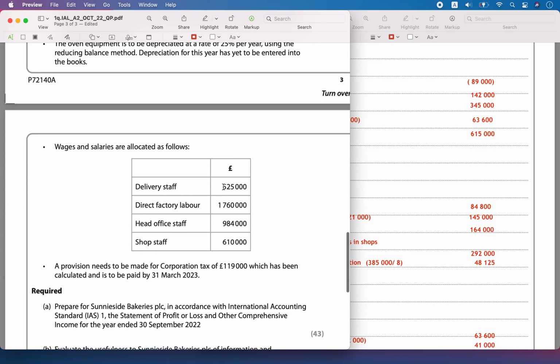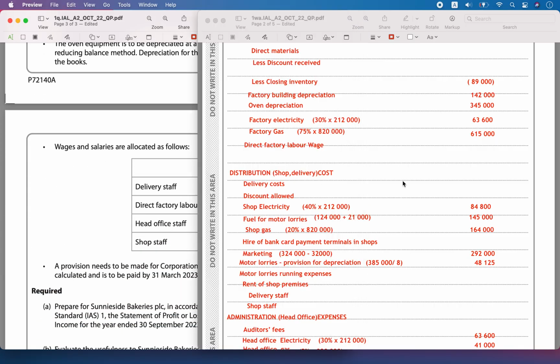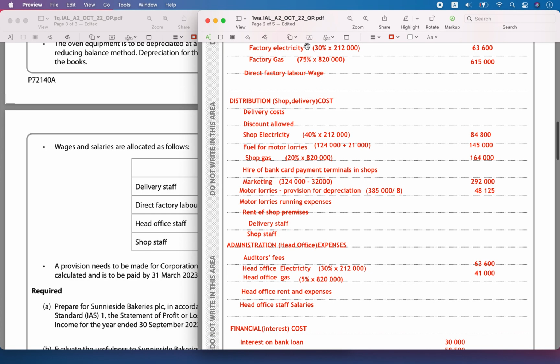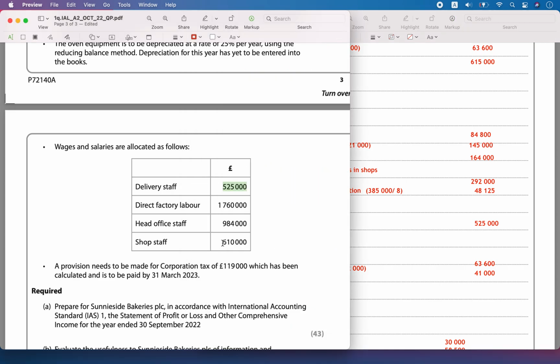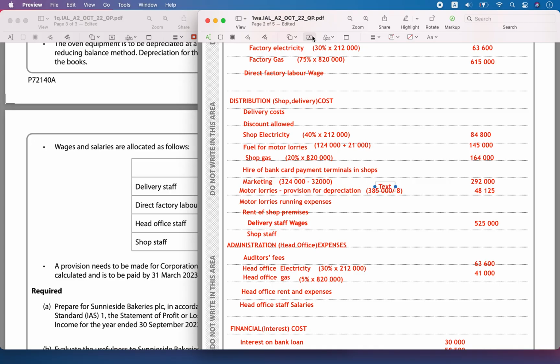Then wages and salaries. Delivery staff wages they have given, it is 525,000. Then shop staff wages, it is 610,000. So let's include it here.